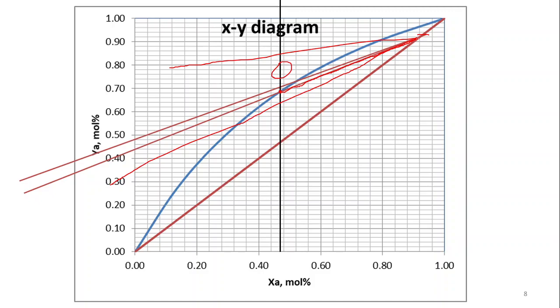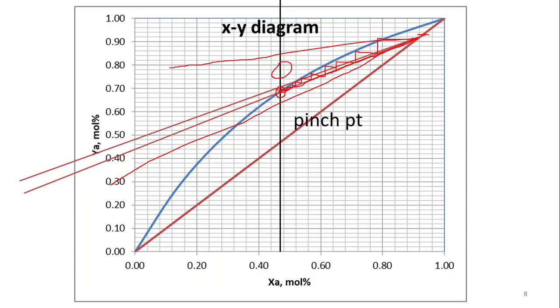The answer is no, because at the pinch point, the number of stages required will be very high. Theoretically, an infinite number of stages will be required when approaching the pinch point.